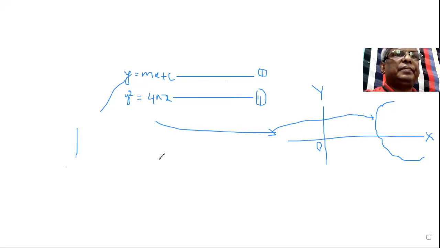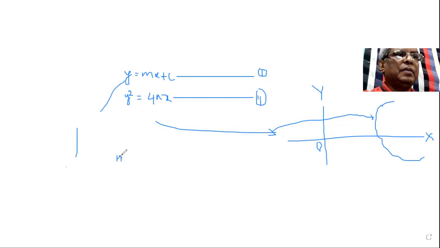For that, what we have to do is substitute the value of equation 1 in equation 2. Means you can put this y is equal to mx plus c in equation 2.